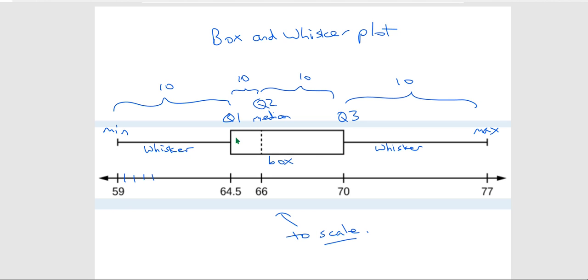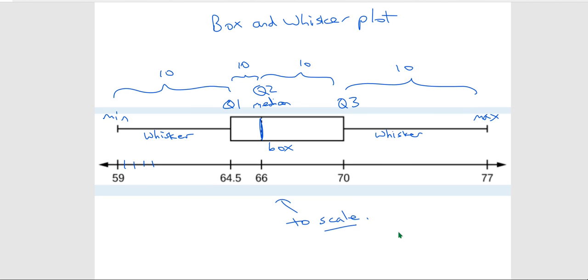We make a scale. We decide we want to go from 59 to 77, so we decide on a scale. Mark your Q1, mark your Q3, draw a box from Q1 to Q3. Inside the box, make another vertical line to show where Q2 is, where the median is. Then you draw the whiskers to the two ends. Just to show you a range: the range of the whole data set for this is from the minimum to the maximum.